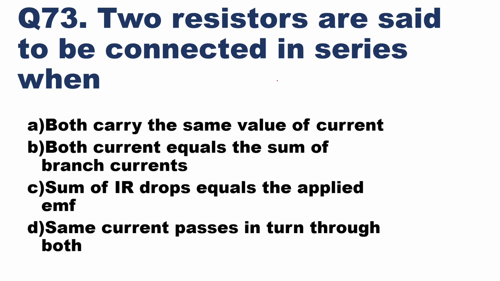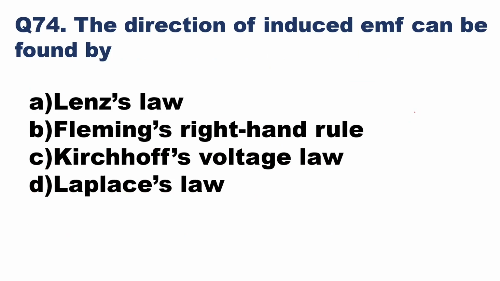If you have resistors connected in series like this, and there is a current I flowing, the same current I will flow in both the resistors. So both carry the same value of current I. So option A is the right answer here. Both carry the same value of current. Then we'll go to the next question.